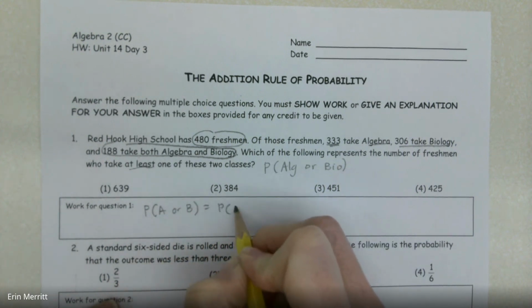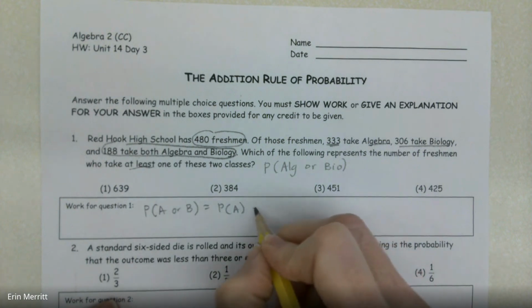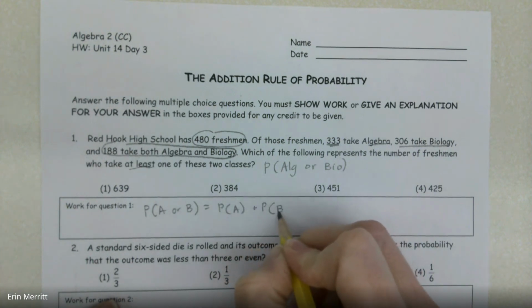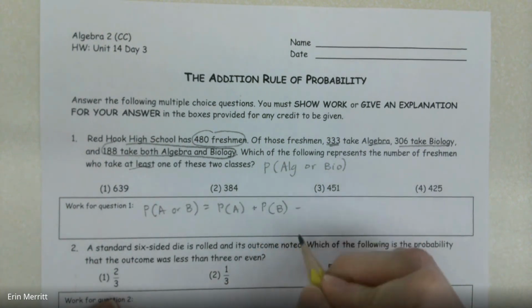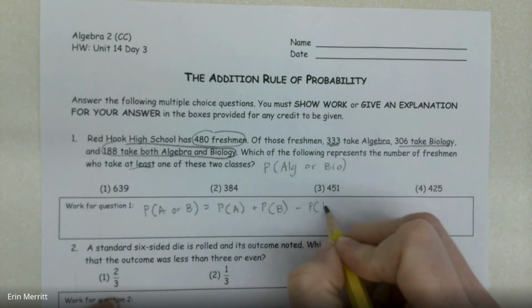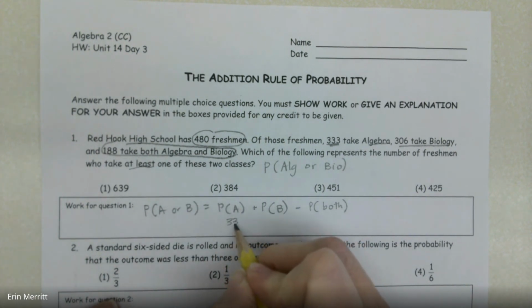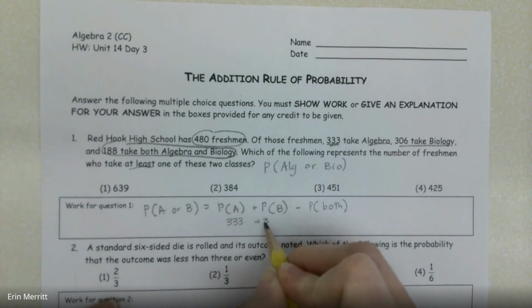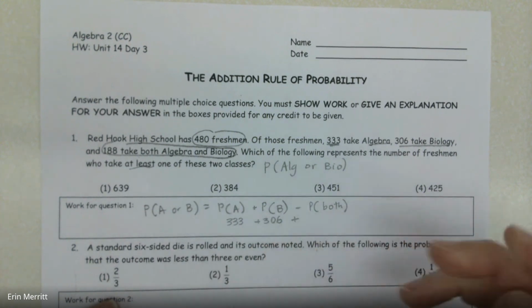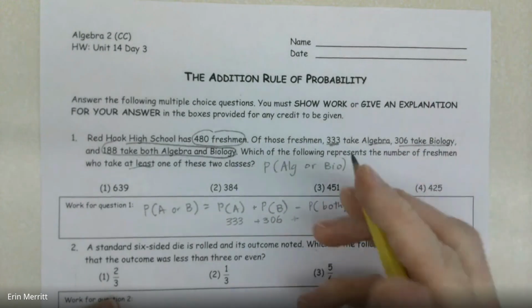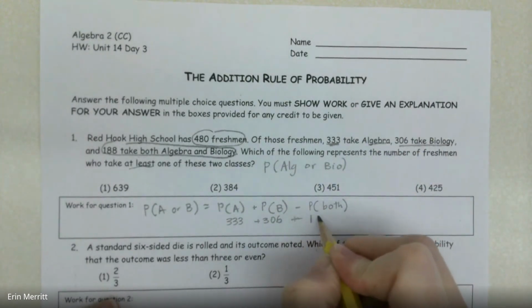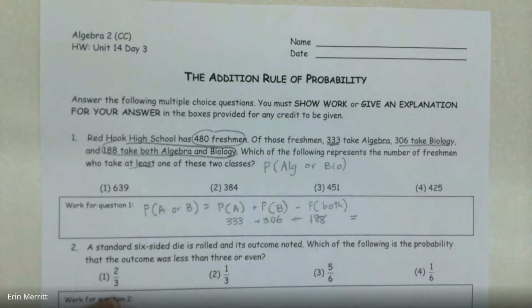So if we want to use the new rule, the rule is if we say one or the other, we are adding up everybody who took algebra to everybody who took bio and then just subtracting the number that take both, or those that are in the overlap. So in this case, we got 333 took algebra, 306 bio, and then minus 188 who took both.